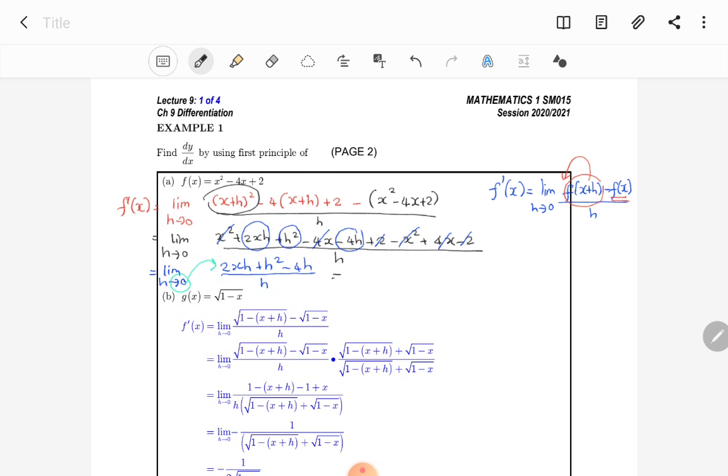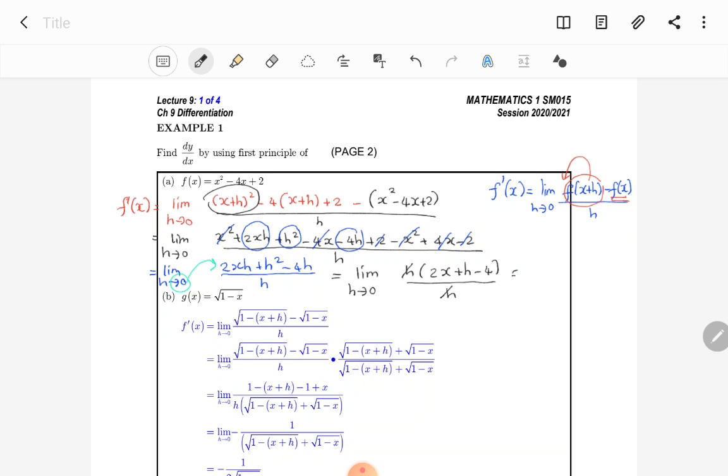And for this case, we need to factorize the numerator. So we have the limit as h approaches 0. We take out h, so we have h(2x + h minus 4) divided by h. H divided by h can be simplified.